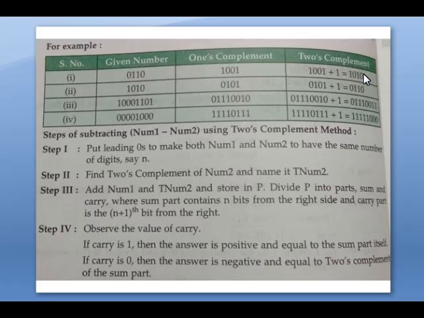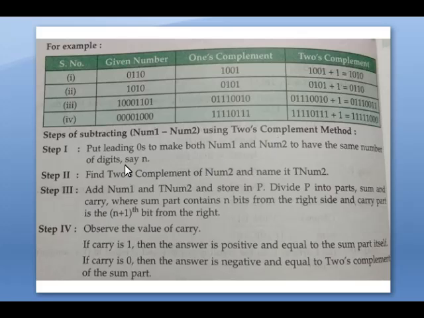Okay students, there are some steps you have to learn to find the subtraction of two numbers using the 2's complement method. The 1's complement method is very easy. In the same way we have to follow some steps for the 2's complement.